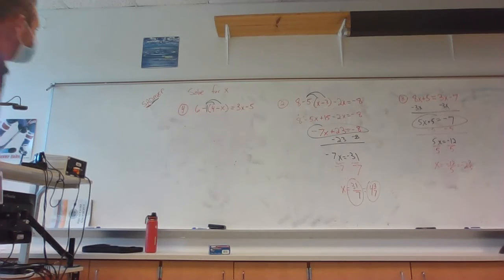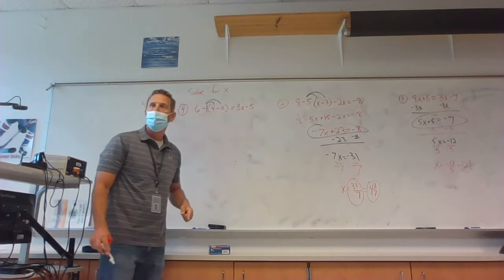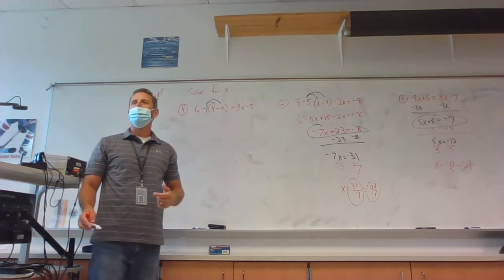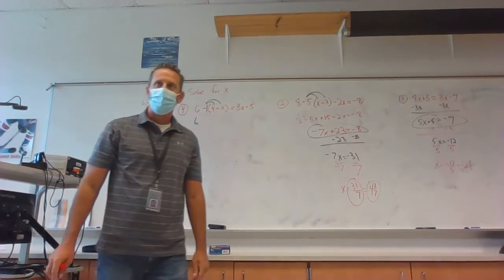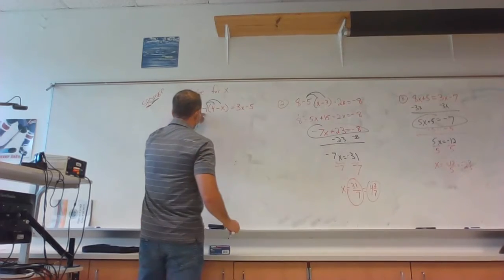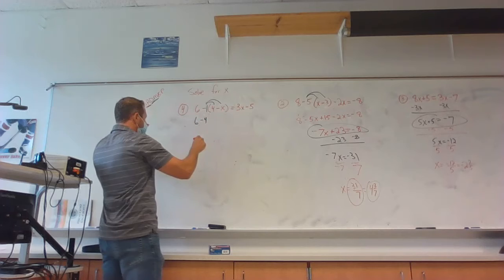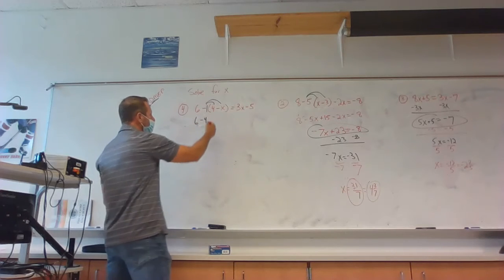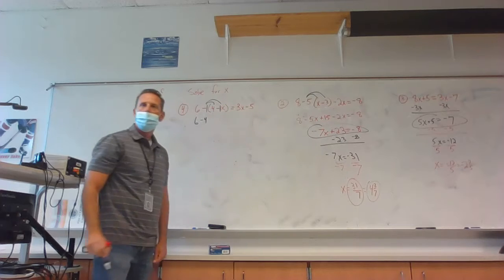Sebastian, what do I do with this 6? You just bring it down. Now distribute the negative 1. Negative 1 times 4. Negative 4. Negative 1x.